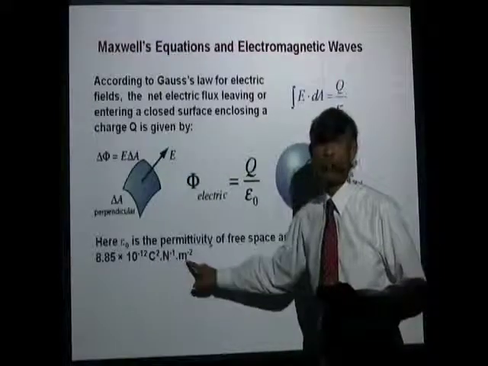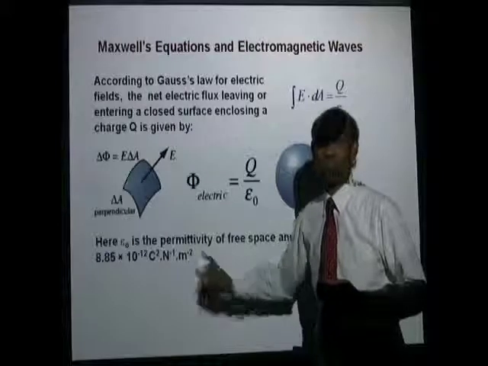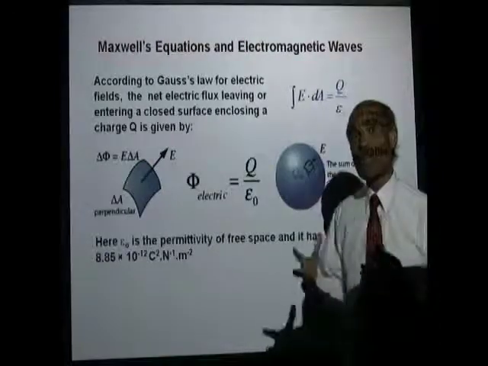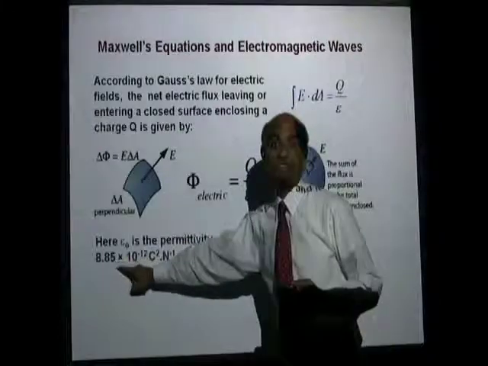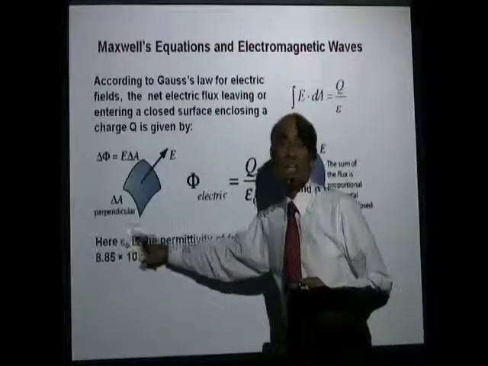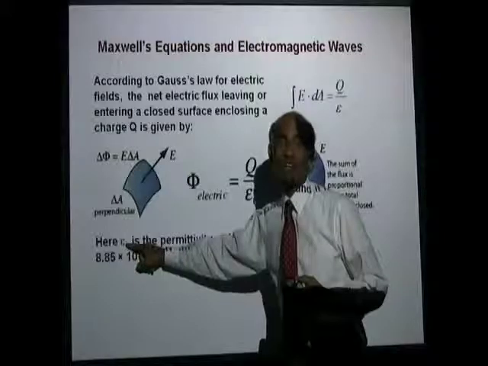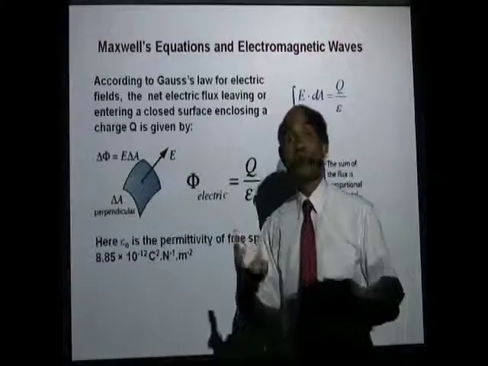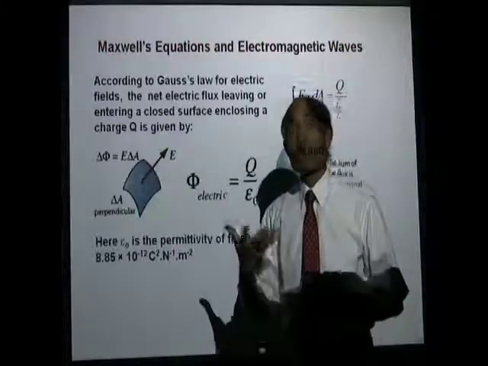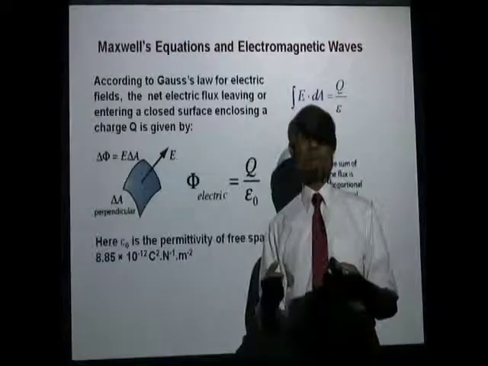Now, there are corresponding quantities in magnetism. Can you remember what is the corresponding quantity in magnetism for epsilon naught in electricity? Well, that is mu zero, which is the permeability of free space.